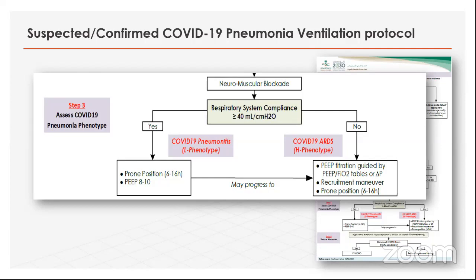There are many tools you can use to assess or titrate your PEEP, to avoid the problem of barotrauma. Anyway, this is to improve recruitability here. So this lung can also respond to a recruitment maneuver and prone position.